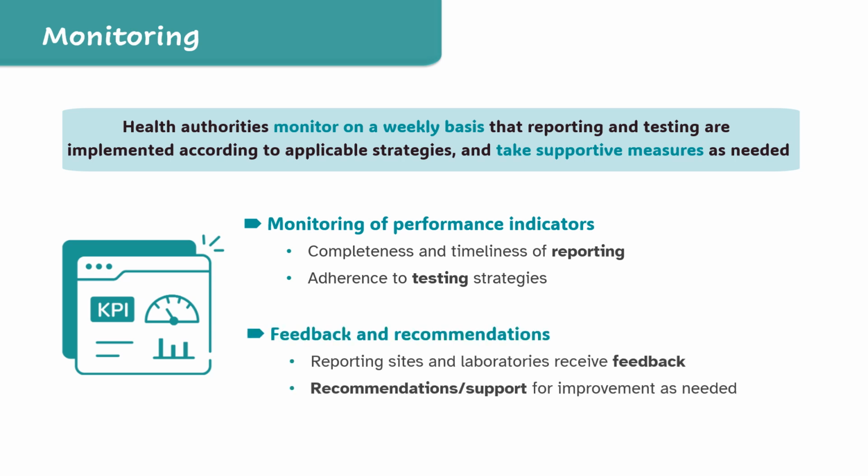Health authorities regularly provide feedback to all reporting sites and laboratories on their performance. If reporting or testing is not implemented according to applicable strategies, health authorities provide recommendations and support as needed to improve the performance of surveillance.